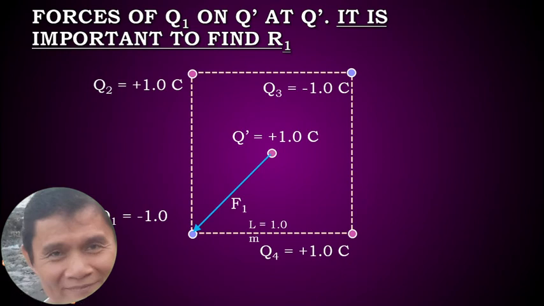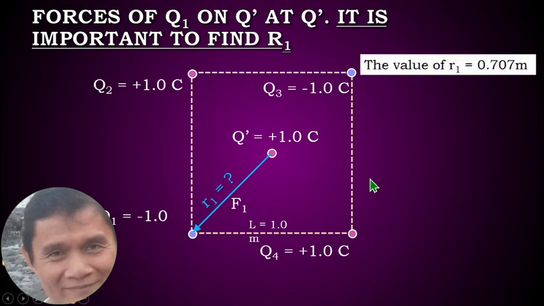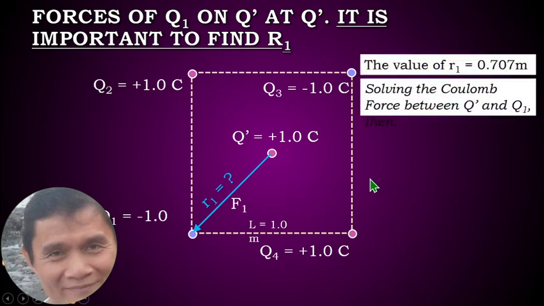Okay? Now that we know the value of r, we can now solve the force acting on this one. And since they're all the same charges, just not the same signs, you come up with the same magnitude and with different directions as well. The value of R sub 1 is 0.707.